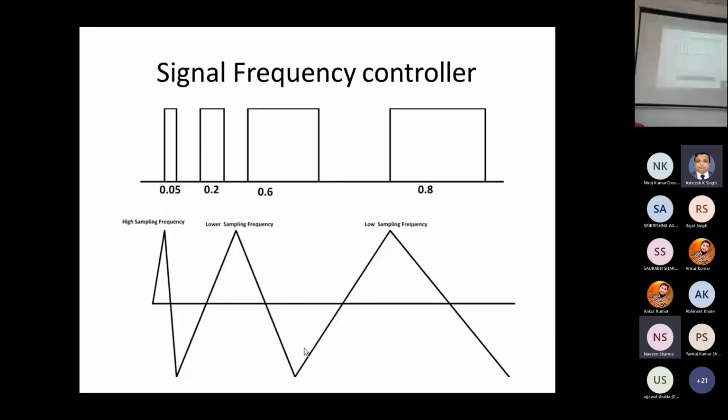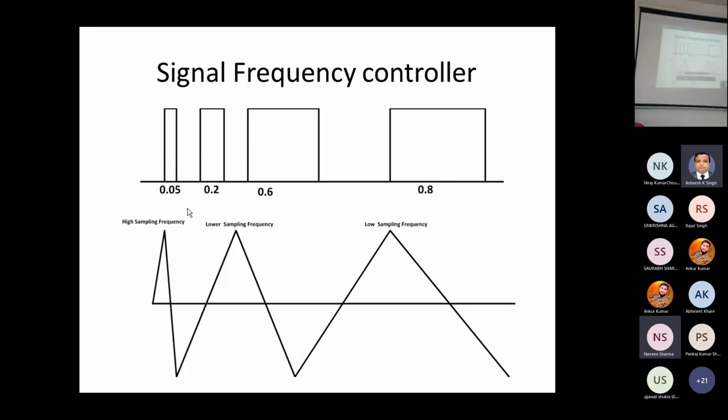So here one thing is that whenever we use chopper control or variable duty cycle or fixed duty cycle control, and we want a lower sampling frequency, then whenever there are very low duty cycles, the samples of this signal will not be available to sense, because the sampling time is greater.